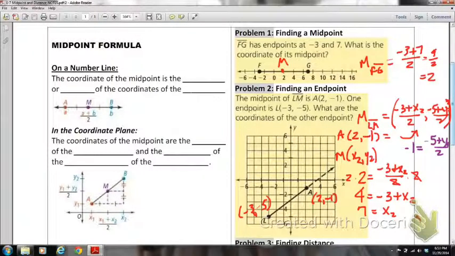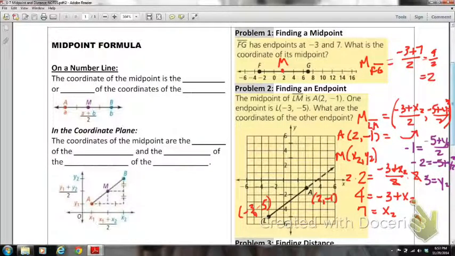Once again, we're going to multiply both sides by 2 to get rid of the fraction on the right side. And you're going to have -2 is equal to -5 plus y sub 2. You're going to add the 5 to both sides to solve for y sub 2, which is equal to 3.